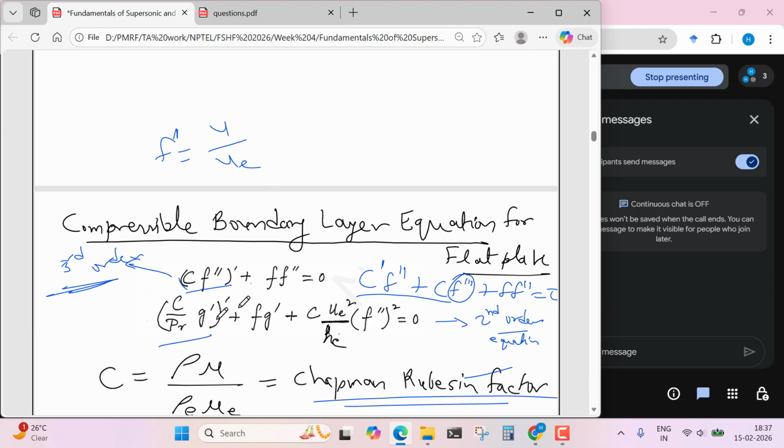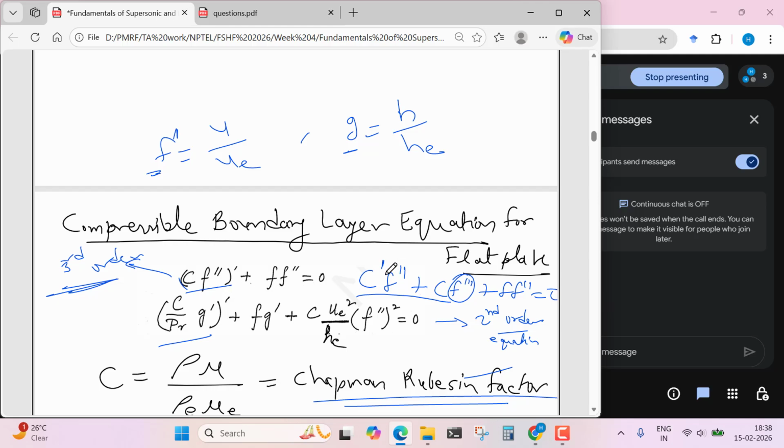And if you take the other equation, (C upon Pr g')' plus f g' plus C u_e square upon h_e f'' square equal to 0. Here g is equal to h upon h_e. So like this f and g are defined because we wanted to write the equations.